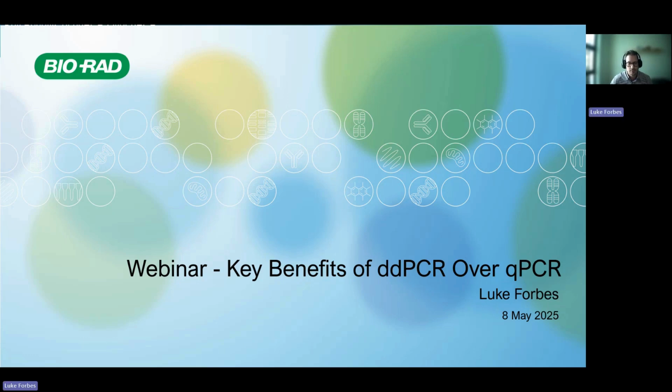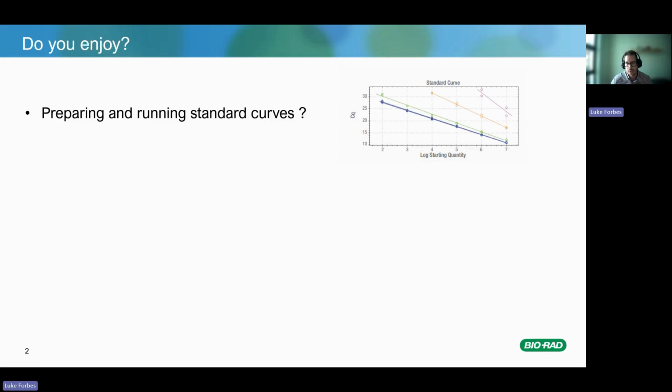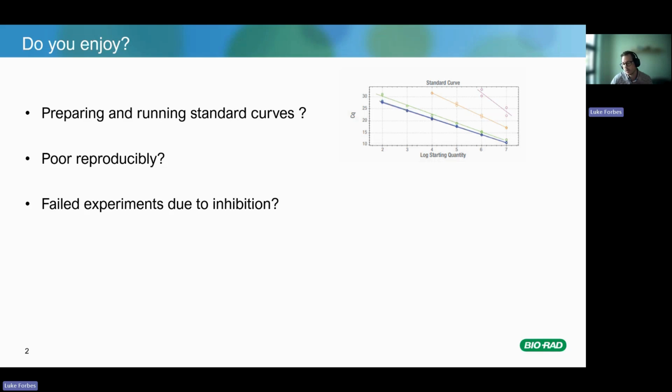Okay, so to get started, I always like to ask this question when talking about real-time PCR, because anyone that's running real-time PCR knows the pain of some of these things. So do you enjoy preparing and running standard curves? Do you enjoy having poor reproducibility between labs and departments? Do you enjoy having failed experiments due to maybe inhibition, especially if you're working with wastewater?